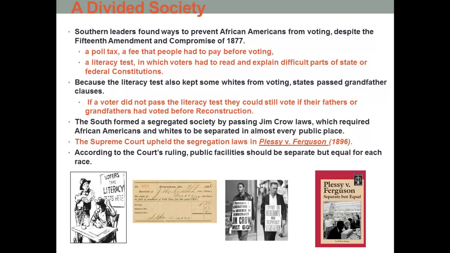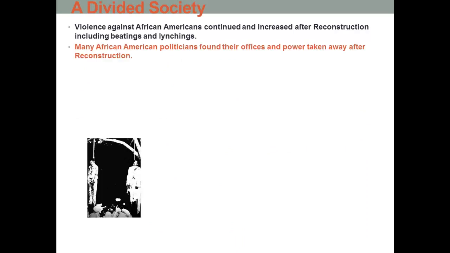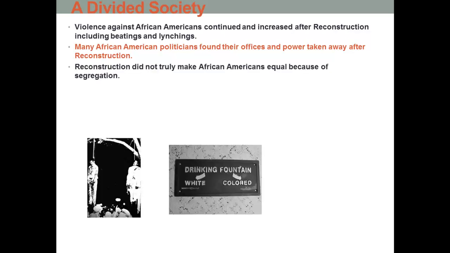The Supreme Court's ruling said that public facilities should be separate but equal for each race. There was continued and increasing violence, including beatings and lynchings against African Americans after Reconstruction. Many African Americans who had gained political office and power found it taken away after Reconstruction. The slaves were free but not equal because of segregation.